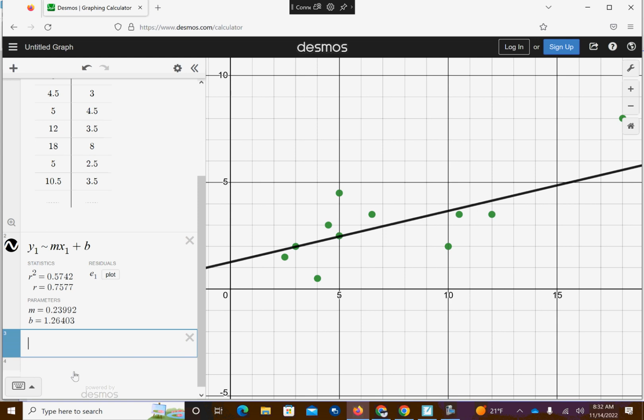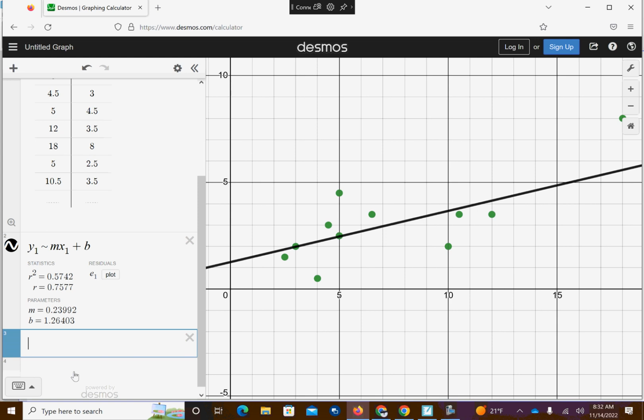And then predict the length of the jury deliberations for a trial that lasts 8 hours. This is going to be extrapolation because it's outside of our data. Let's see, 8 hours.